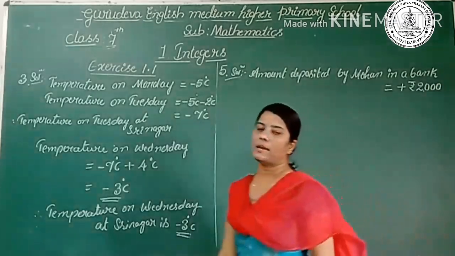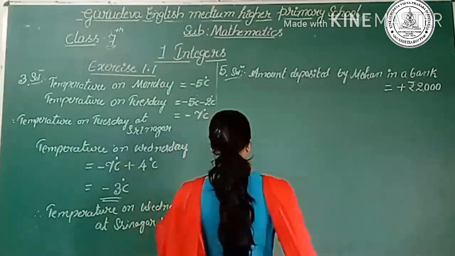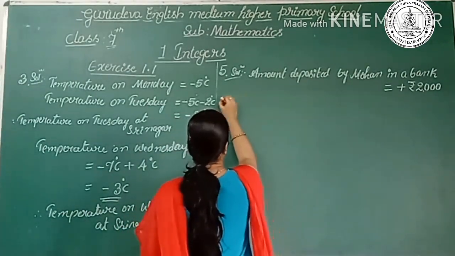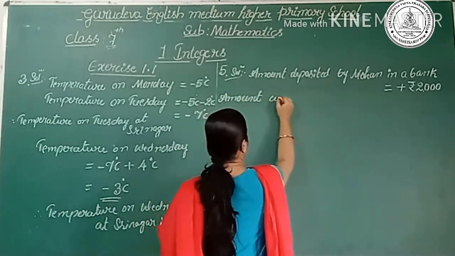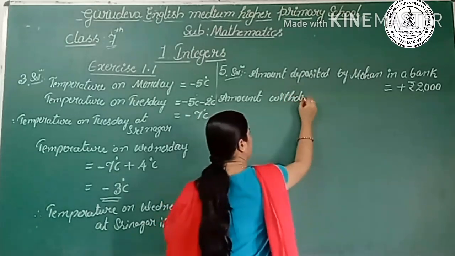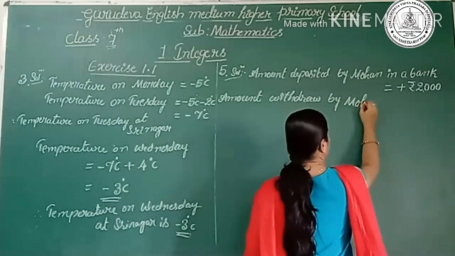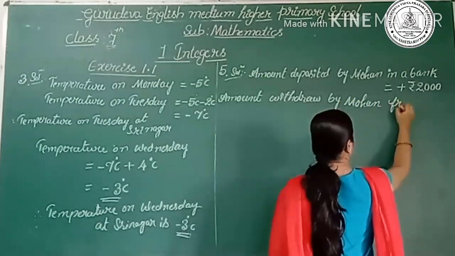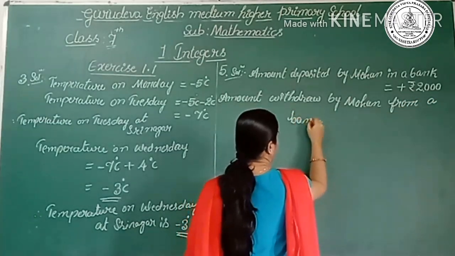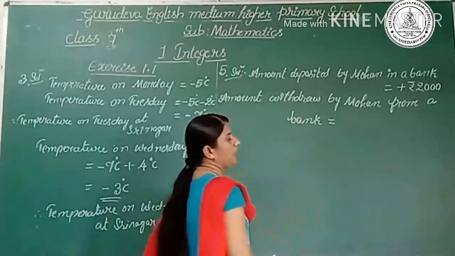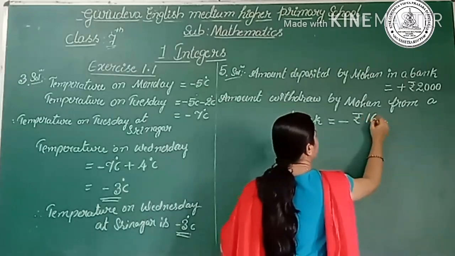Okay, and the amount withdrawn by Mohan from a bank. So it is a withdrawal amount. So we have to represent it by a negative number, -1642 rupees.